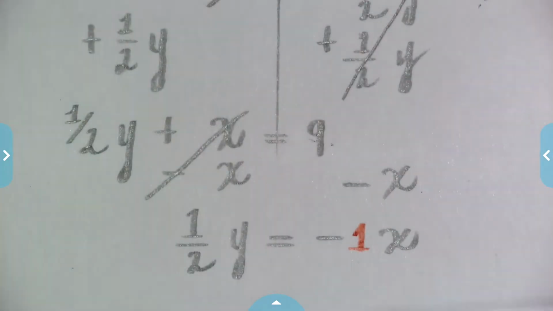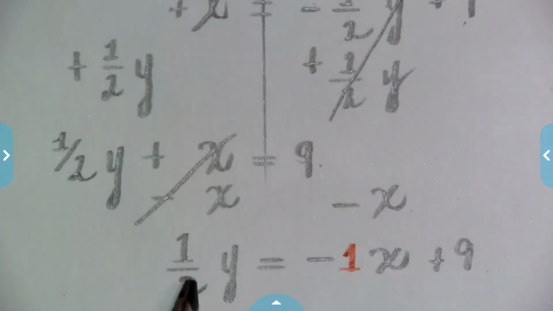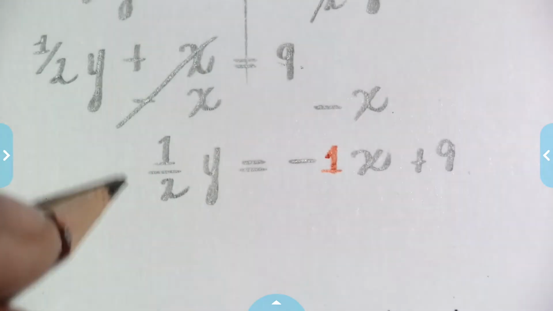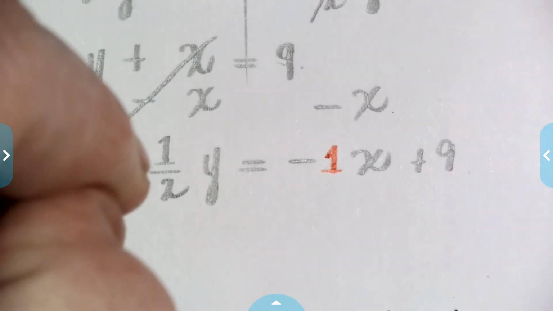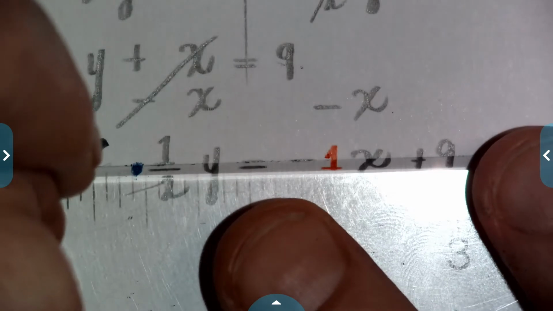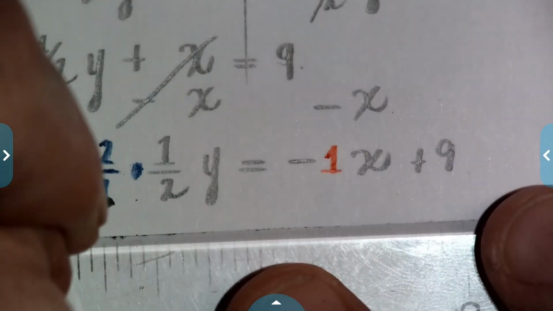And don't forget the plus 9. So now all I have to do is get rid of this 1/2. To make it cancel, I'd need to multiply by the reciprocal of 1 over 2, which is 2 over 1. So we'll multiply both sides by 2 over 1.